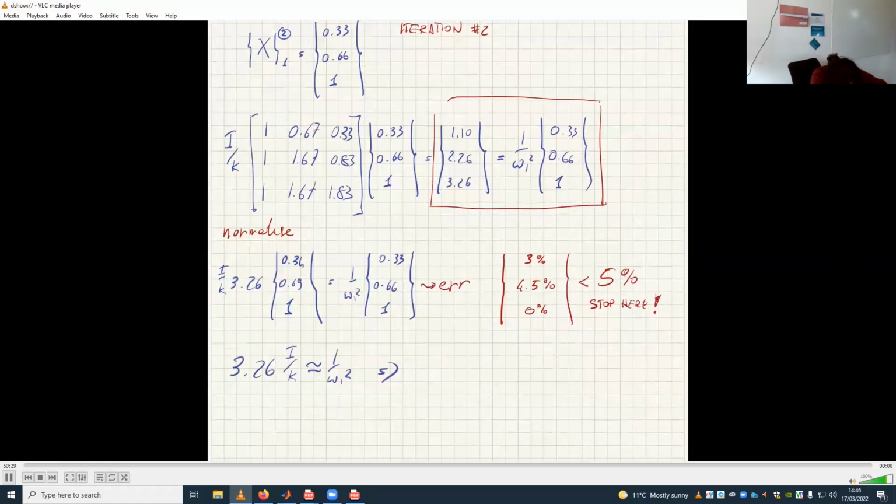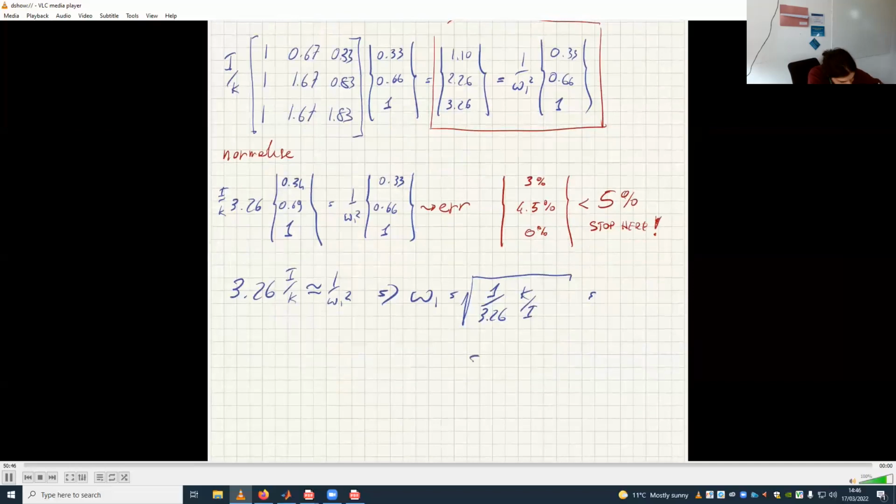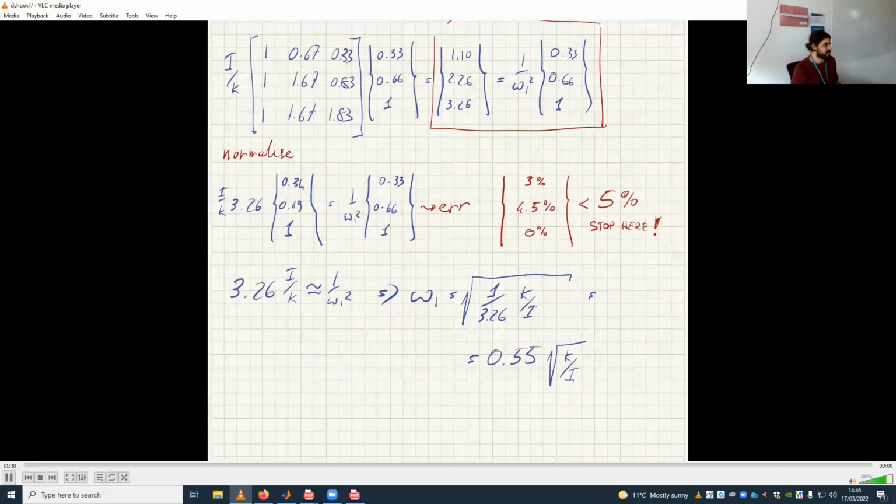And so that means that omega 1 is equal to the square root of 1 over 3.26 k over I. This gives the square root of 1 over 3.26, 0.5538, 0.55 times the square root of k over I, because the square root of k over I can't be simplified, of course.